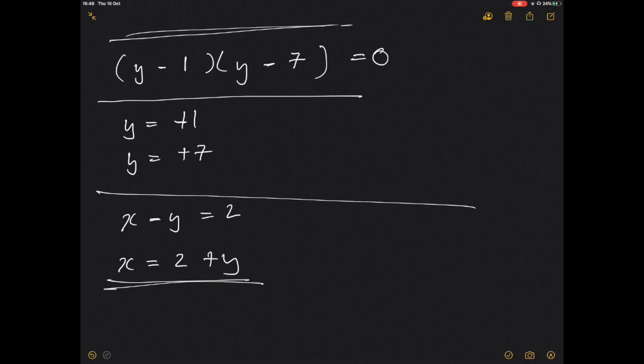So we have two values of either 3, where x equals 3, or x equals 9. Okay, so that's our two solutions to the problem.